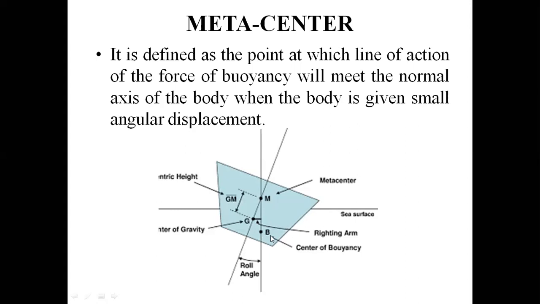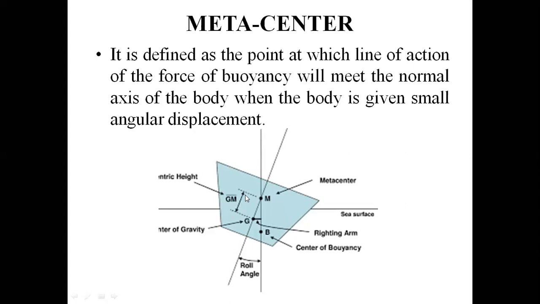So when this B is traced back to this normal axis line, the intersection point of the normal axis and the center of buoyancy, we call it the metacenter. It can also be defined as the point of intersection of the normal axis and the center of buoyancy.